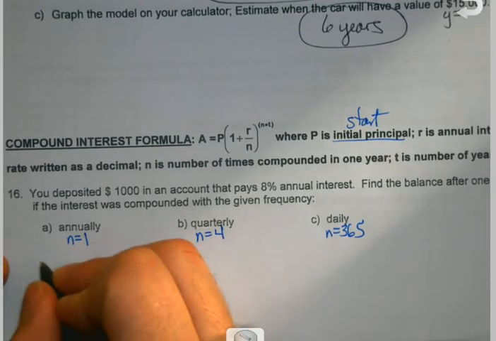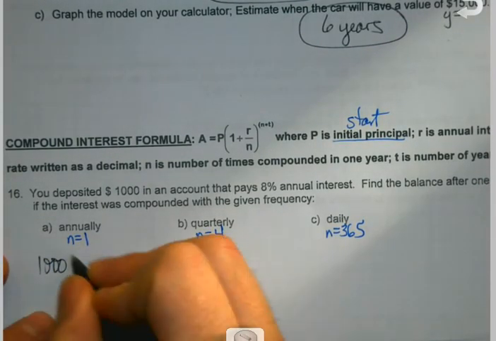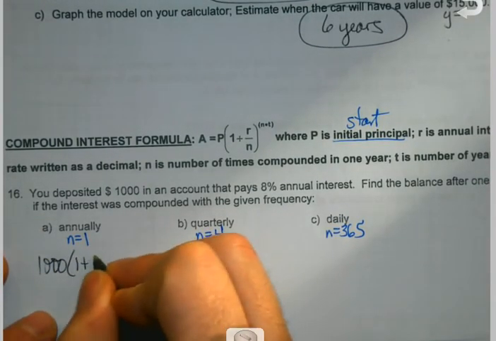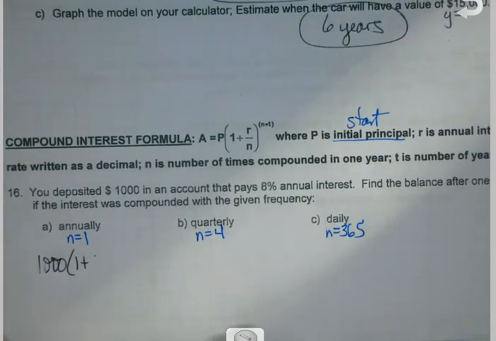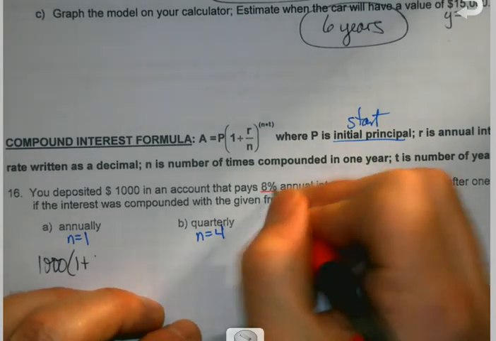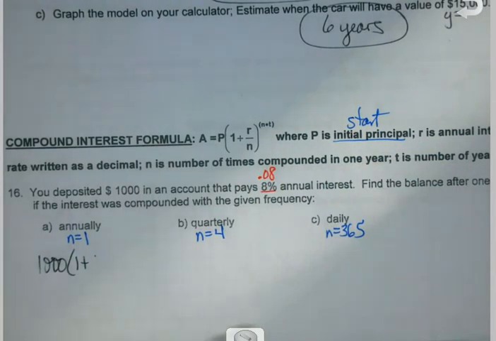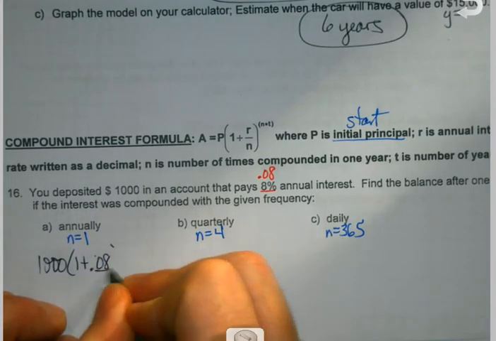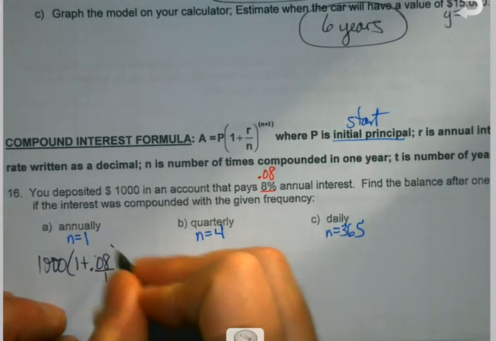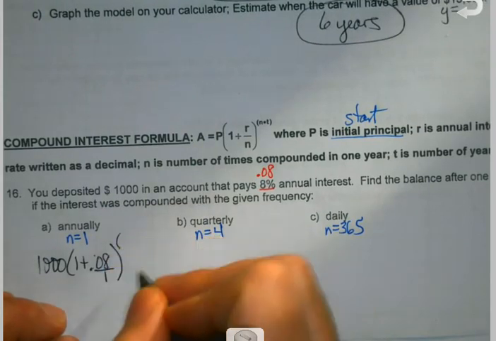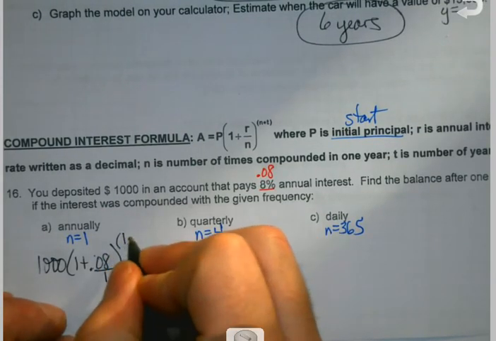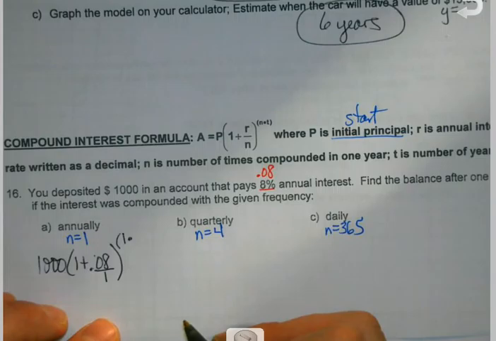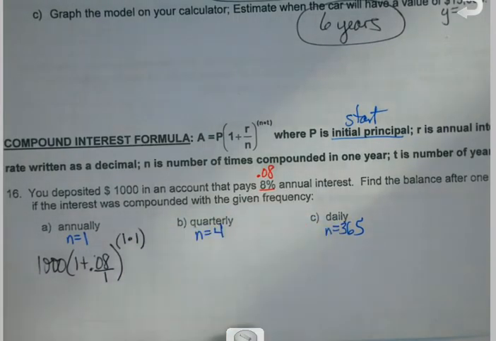Okay, so principal times 1 plus 8% as a decimal, 0.08, over N, and then my exponent is N times T, and since it's 1 year, my T is 1.